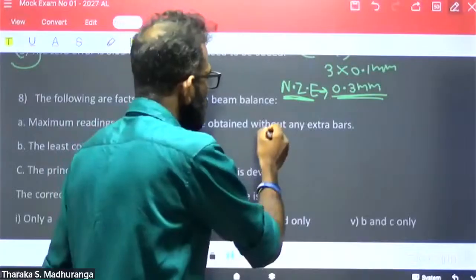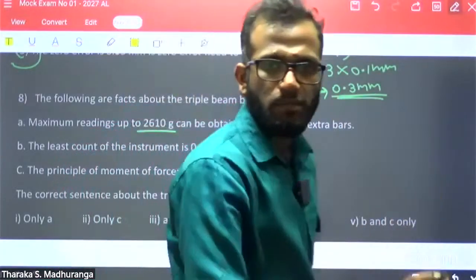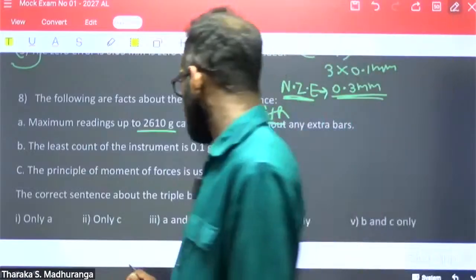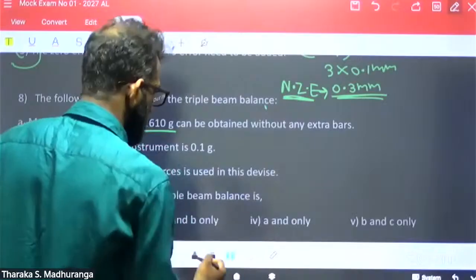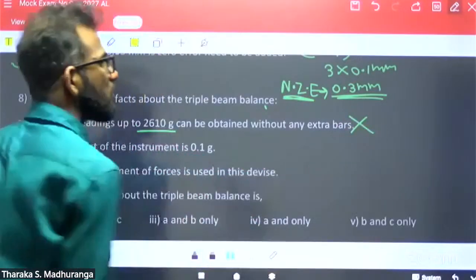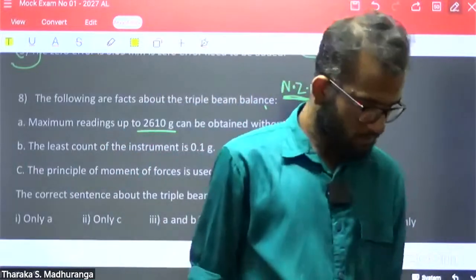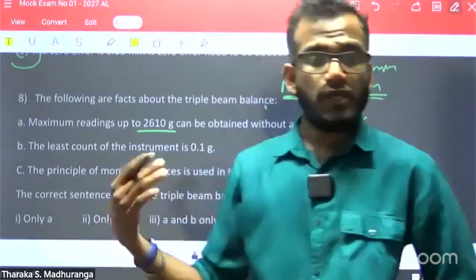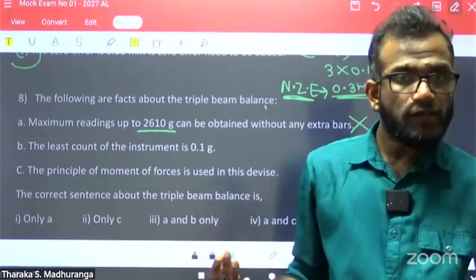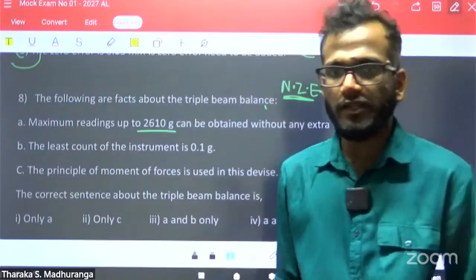With extra bars it would be correct, but this statement is wrong. Without extra bars, the maximum value is 610 grams.